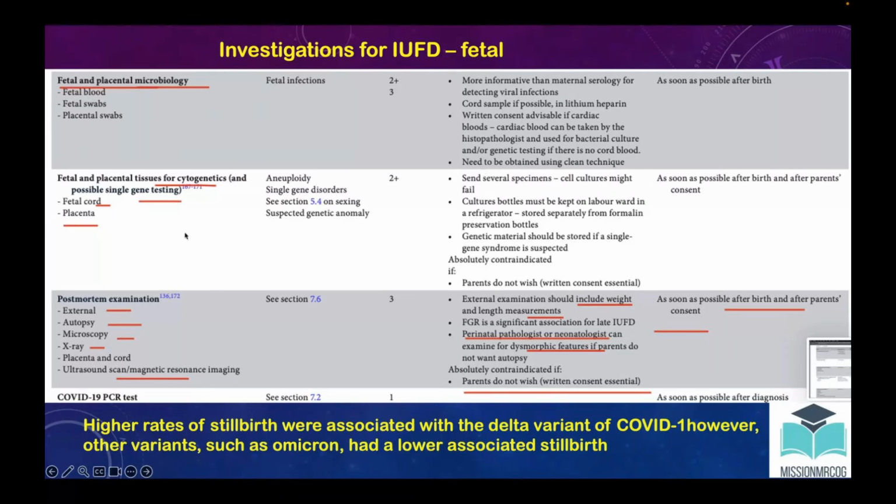Now baby tissue and placental tissue may be required for cytogenetics or genetic testing to find out whether there have been aneuploidies or any single gene disorders. If the tissues are sent for genetic testing, in that situation they should be stored separately from the formalin sample.